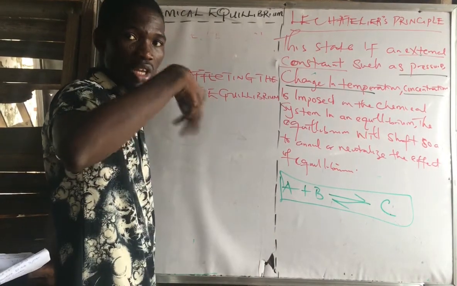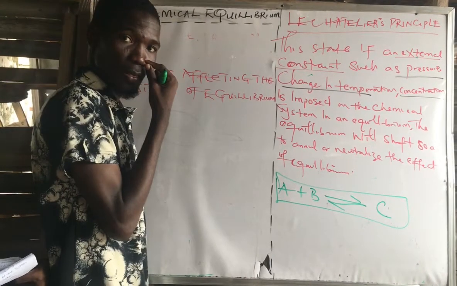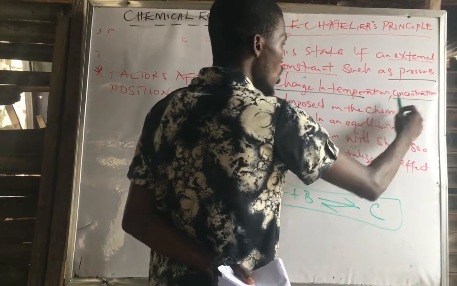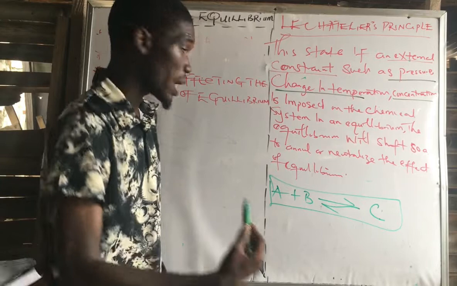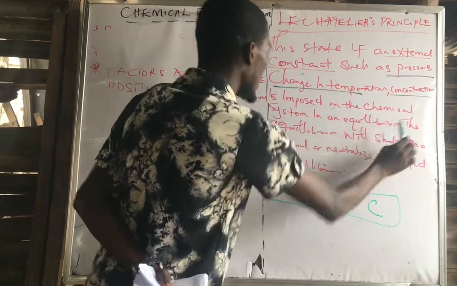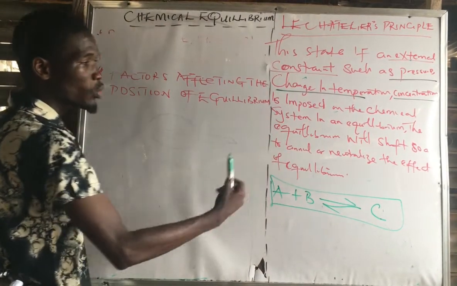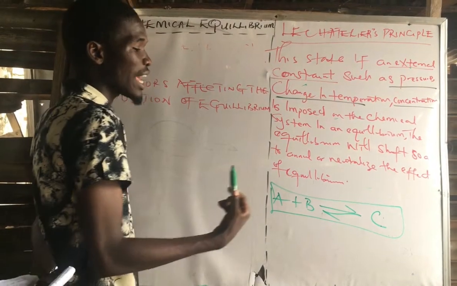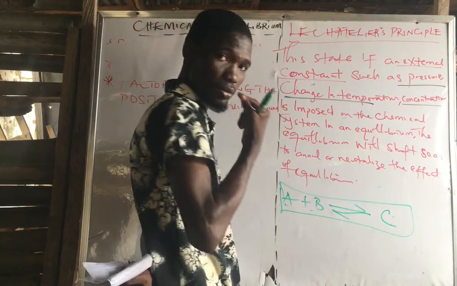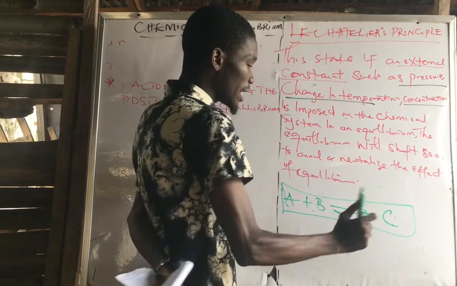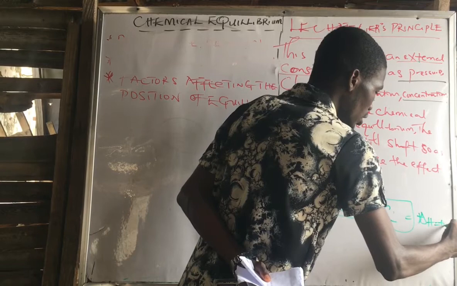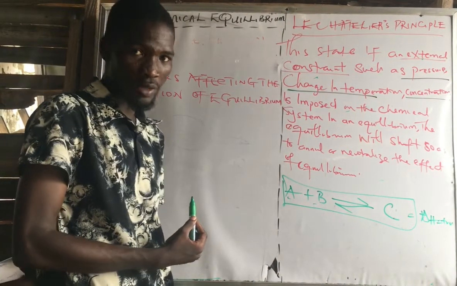If there is a change in a particular system, such as change in temperature, concentration, and pressure, or total pressure, imposed on the chemical system in equilibrium, the equilibrium will shift so as to annul or neutralize the effect. A plus B, we have C. If this change in H is positive, are you with me now?